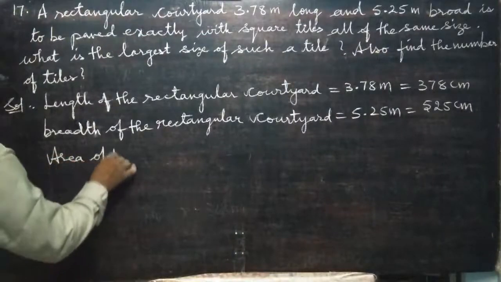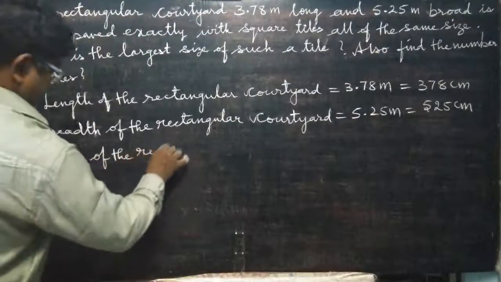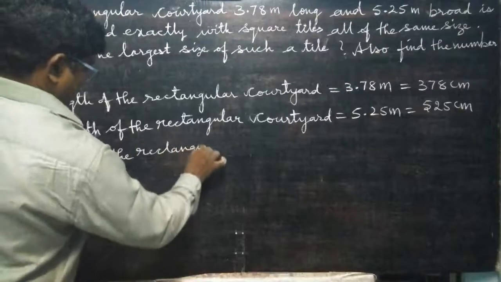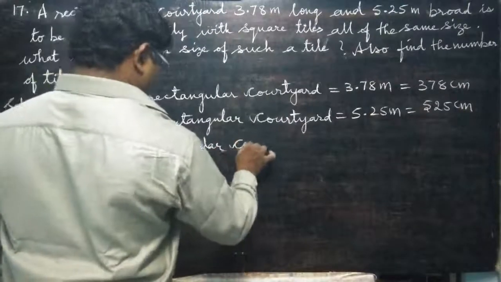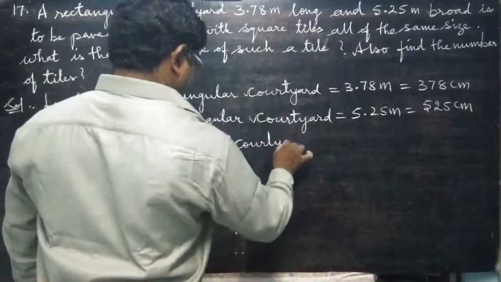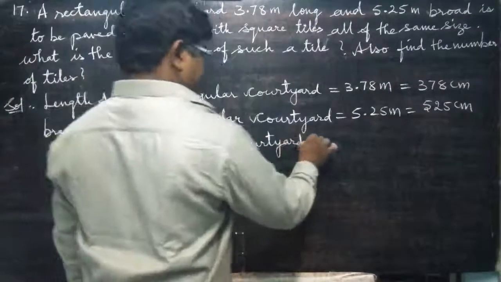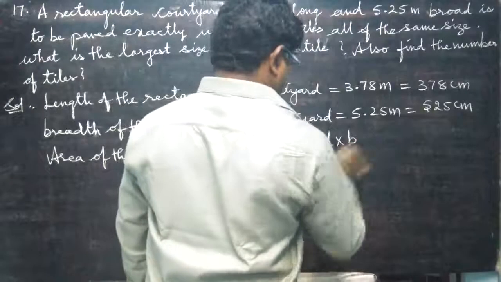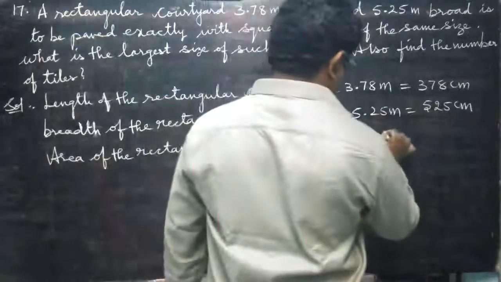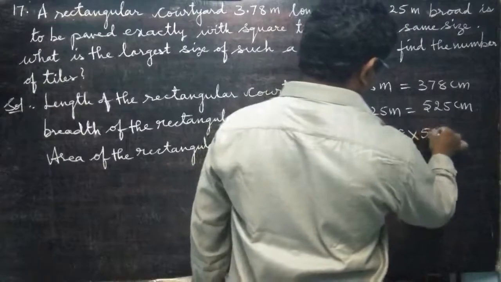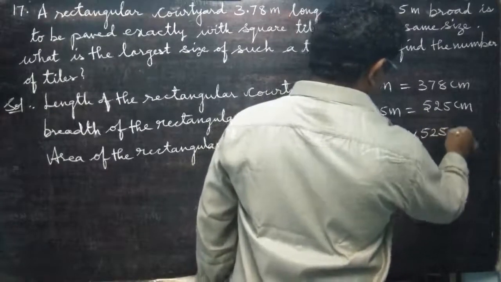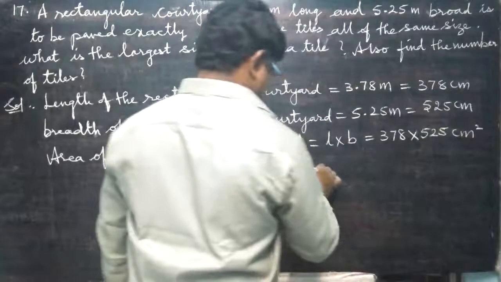Area of the rectangular courtyard, because with this only we are going to frame the formula. That is equal to length into breadth, that is equal to 378 into 525 centimeter square.